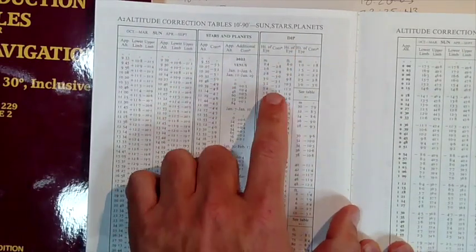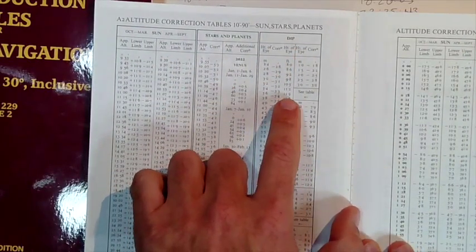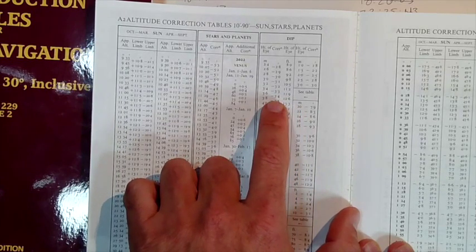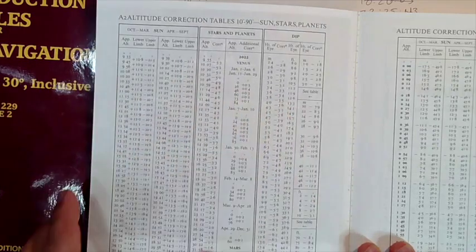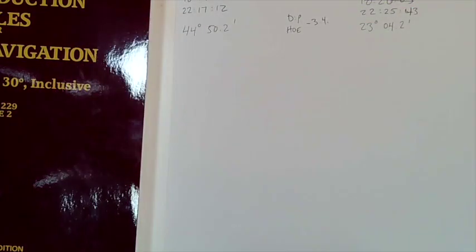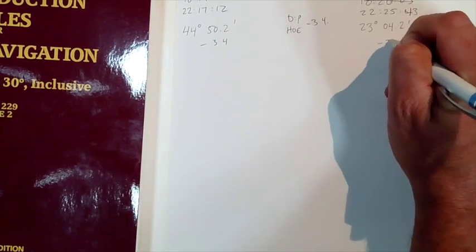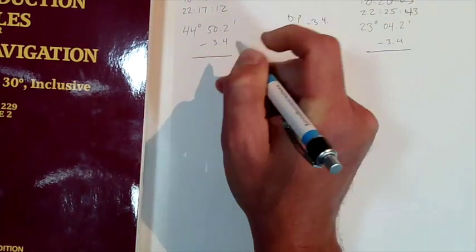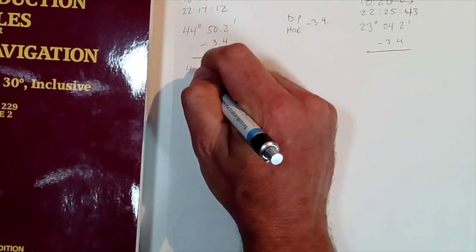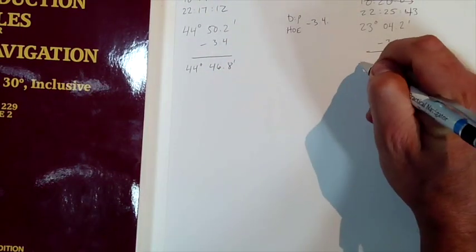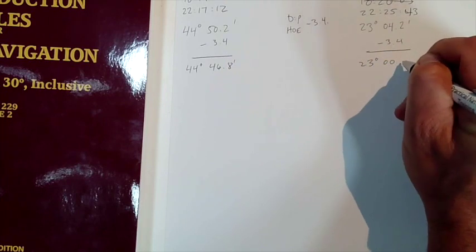So for us, our height of eye is around 12 feet. So the dip correction is -3.4 for all of our sights. So I'm going to take away 3.4 for each of these. So -3.4, -3.4. And that gets us to 44 degrees, 46.8 for this one, and 23 degrees, 00.8 for this one.